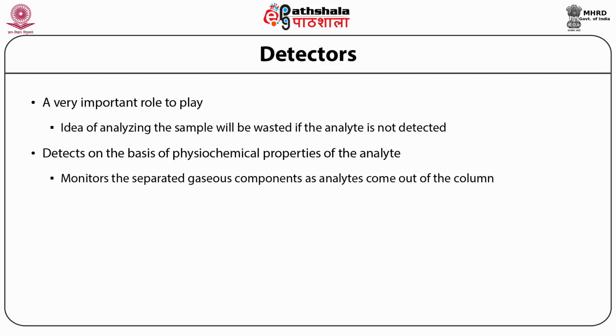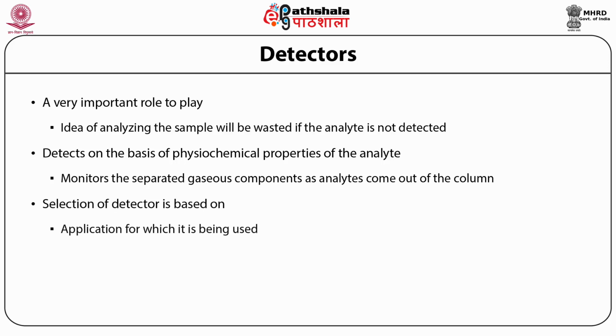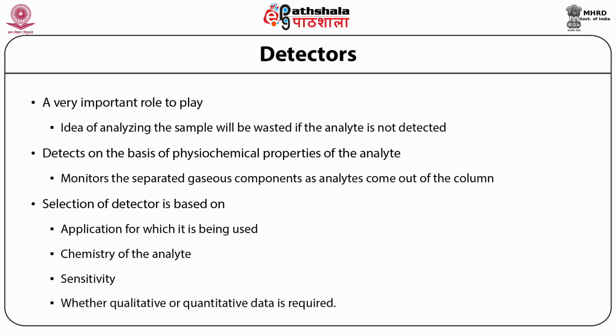Different types of detectors exist in the market. However, choosing among them is mainly based on the application for which it is being used, the chemistry of the analyte, sensitivity, and whether qualitative or quantitative data is required.